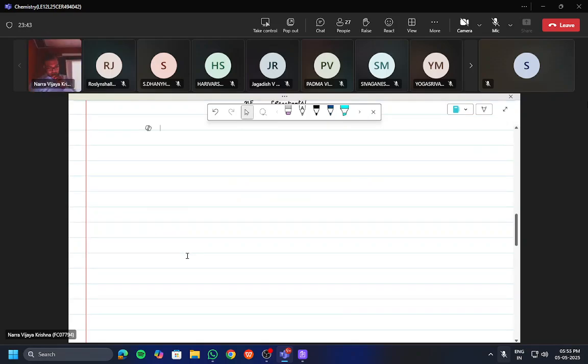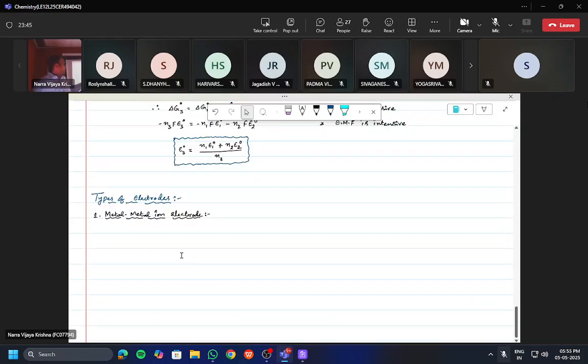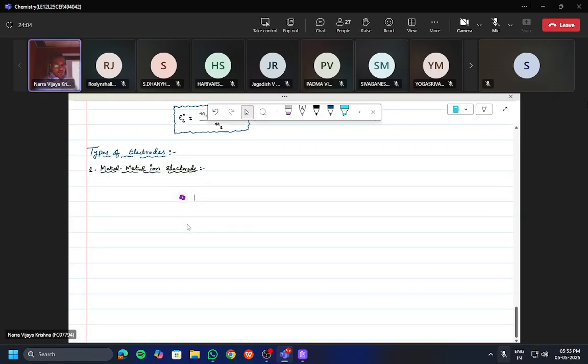So, the same thing I am plotting. For example, I am taking one electrode, which I call a metal ion electrode. What is the meaning of it? A metal immersed in its metal ion solution.